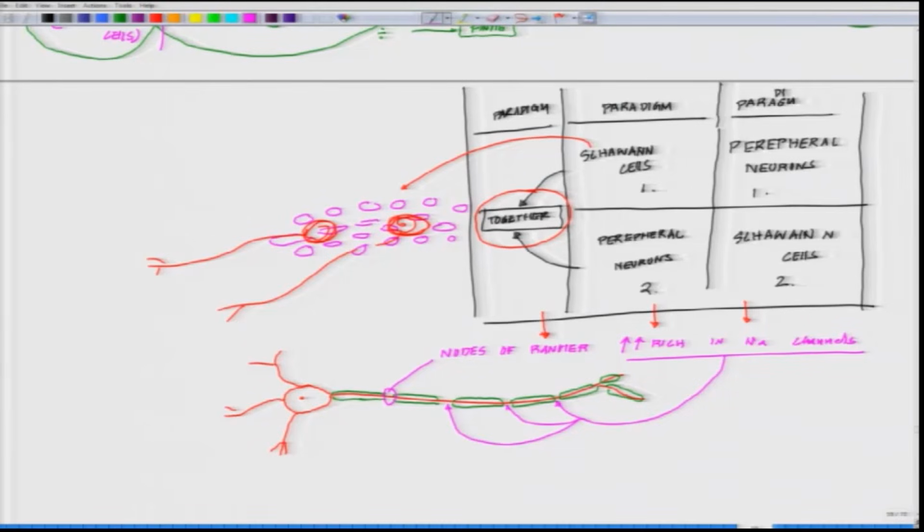Right. So, now when you believe you have achieved it, first thing you have to see is whether you could form a node of Ranvier or not.